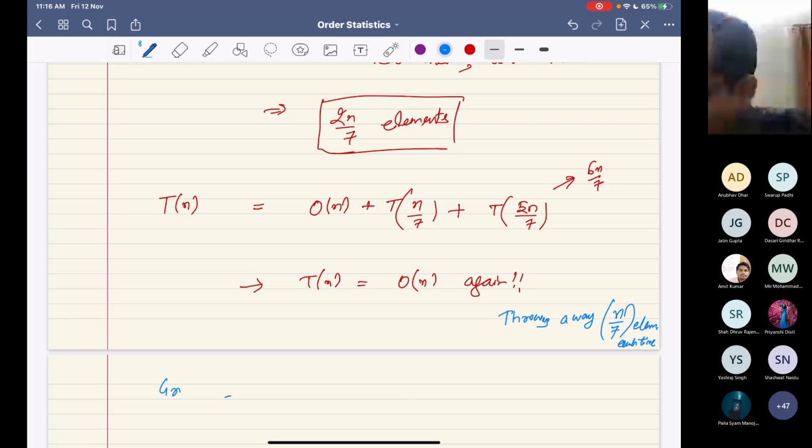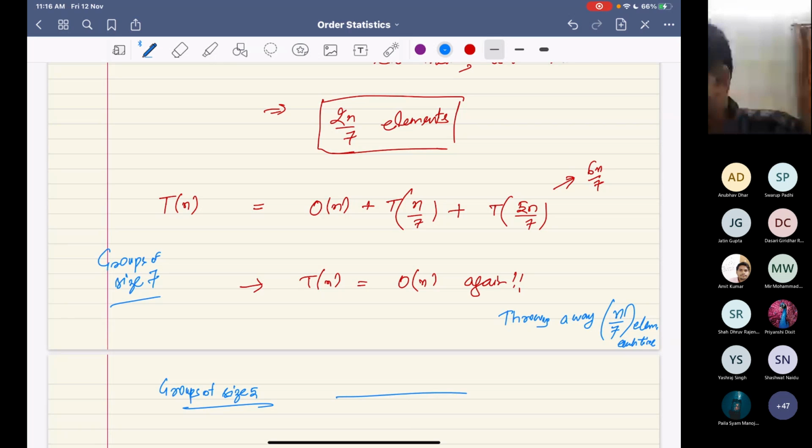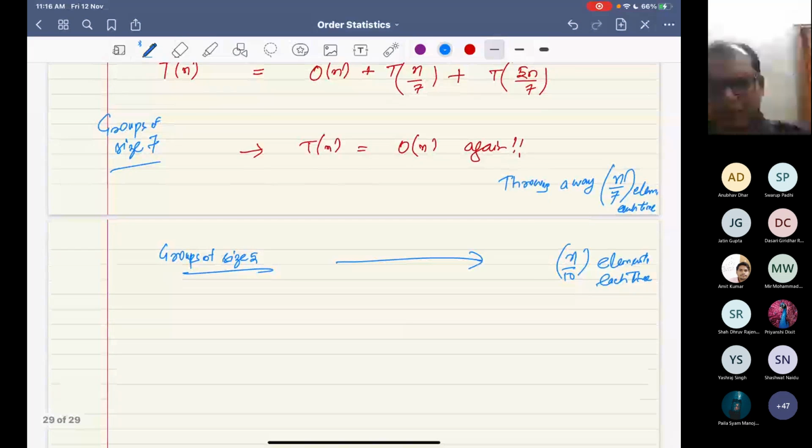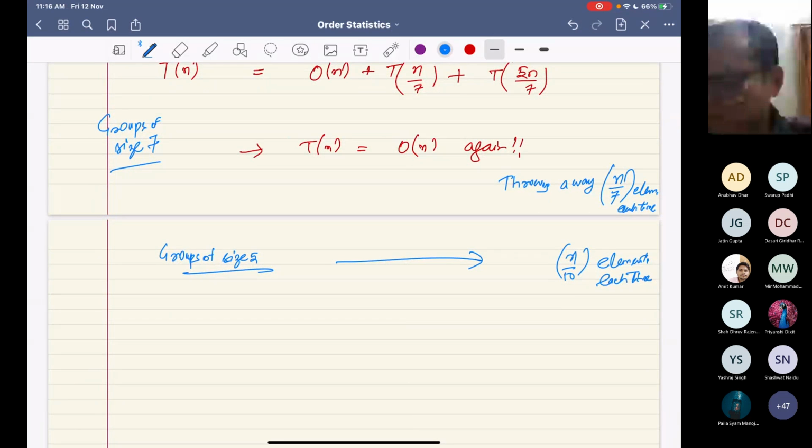With groups of size 5, how many were you throwing away? n by 10 each time. Oh, so that looks like with 7, you will throw more elements each time.